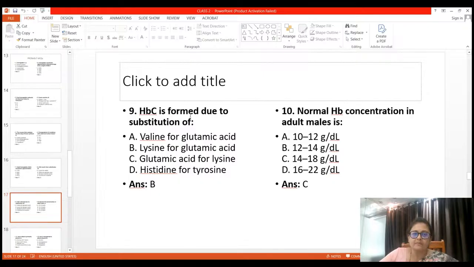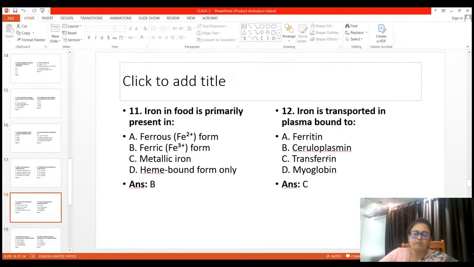HbC is formed due to substitution of lysine for glutamic acid. Normal hemoglobin concentration in adult males is 14 to 18 grams per deciliter. Iron in food is primarily present in ferric form, not ferrous form.